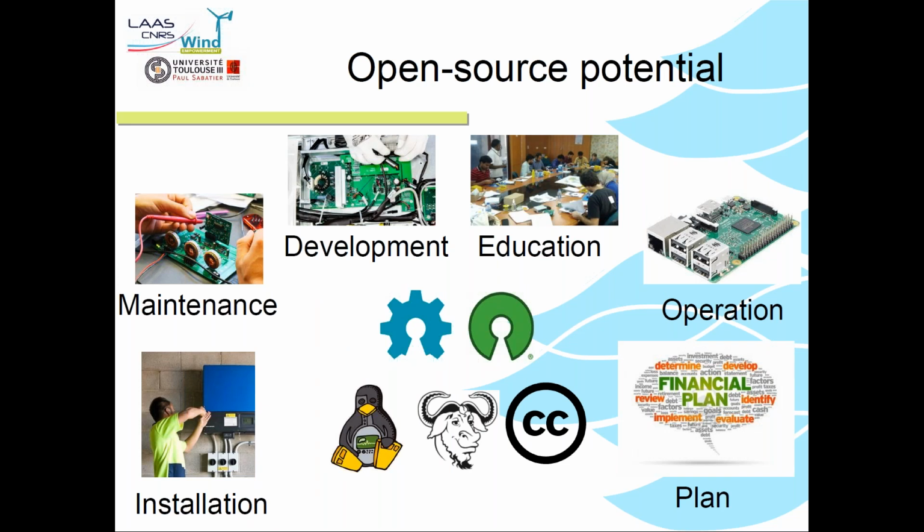If you use open source licensing, you can create tools that allow you to do any of these actions. There is another one which I didn't put here, which is manufacturing. But the idea here is that by having access to the knowledge, you can operate in any of these conditions.